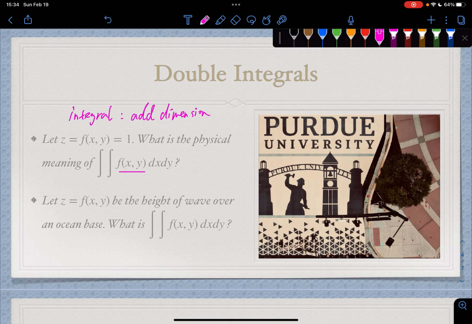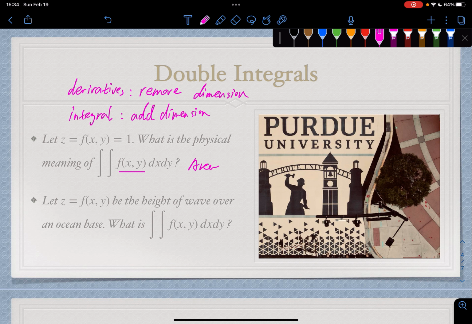In this case we're adding a dimension of length because x is length, and derivatives are the opposite, which is removing a dimension. So the physical meaning is 1 times length times another length, which will give us area.